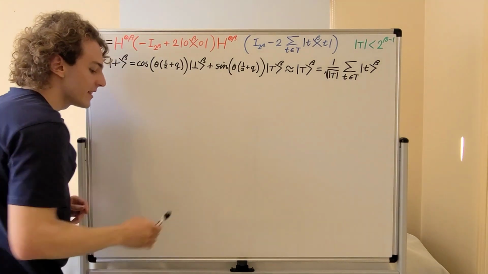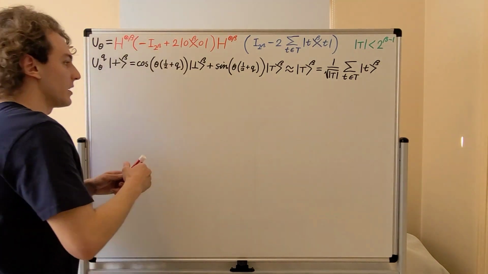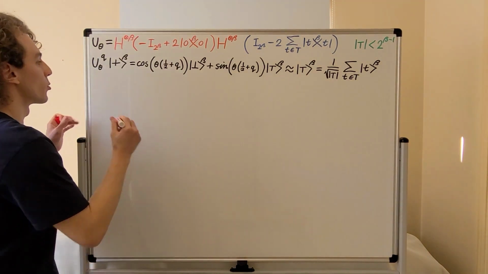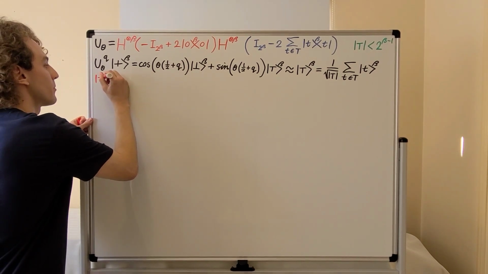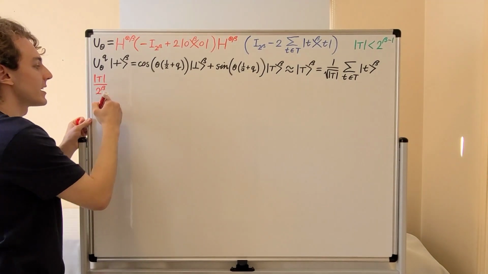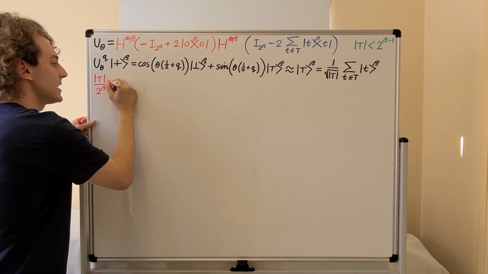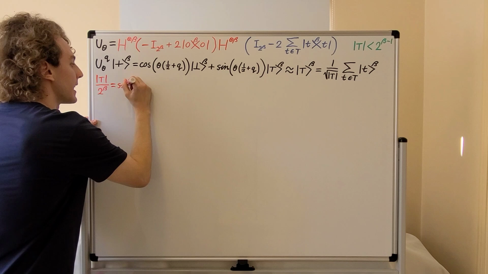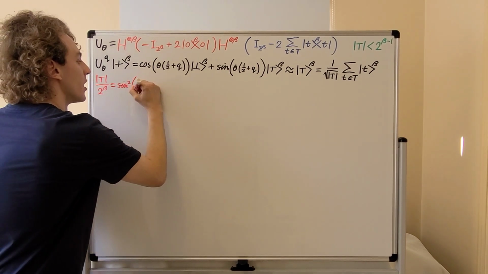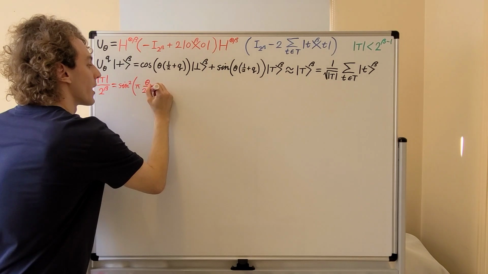Now let's define this angle theta in terms of the number of targets. So if we consider the ratio of the number of targets divided by 2 to the beta, where 2 to the beta is the dimension of the Hilbert space of this beta qubit register, this is equal to sine squared of pi times theta on 2 pi.